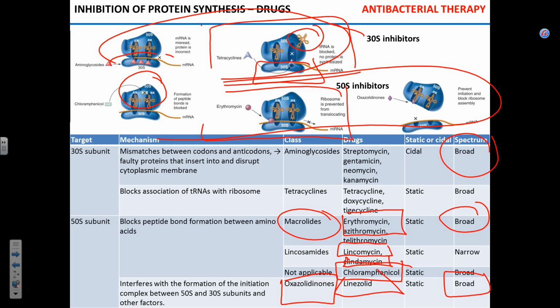You will see a lot of times that I would say something like: this drug works well against gram-positives, this drug works well against gram-positives and gram-negatives, and this drug works well against TB. Because Mycobacterium is notoriously hard to treat.